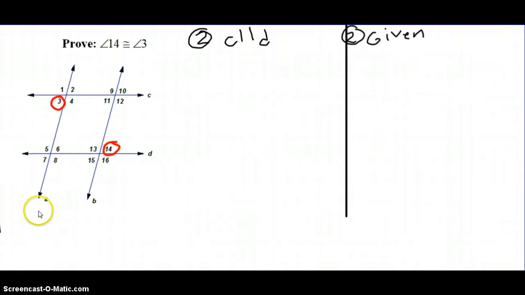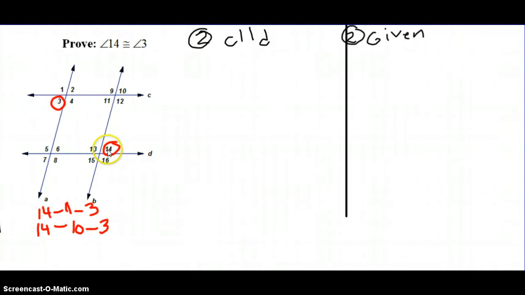One example is I could go from angle 14 to 11, which is alternate interior, and then to 3, which would be corresponding. I could also go from angle 14 to angle 10, which is corresponding, and then 10 and 3 are alternate exterior.